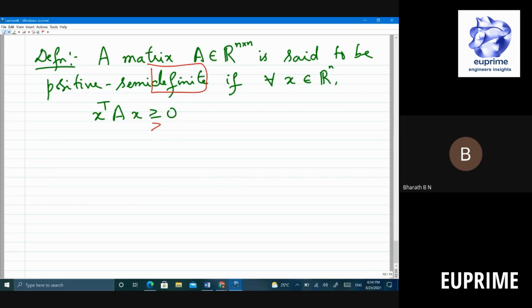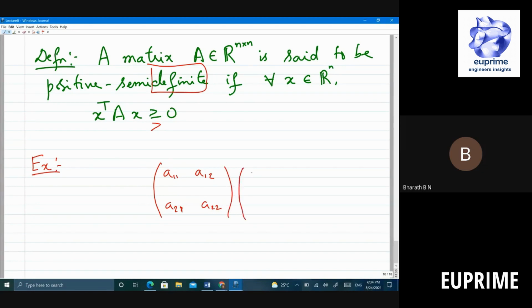Let's look at an example. Suppose I have A11, A12, A21, A22, a simple 2 cross 2 matrix. Let's say this is positive semi-definite.